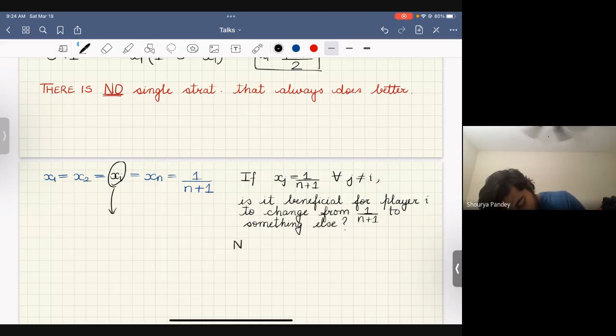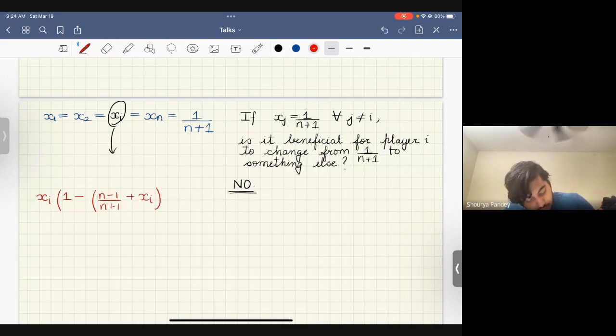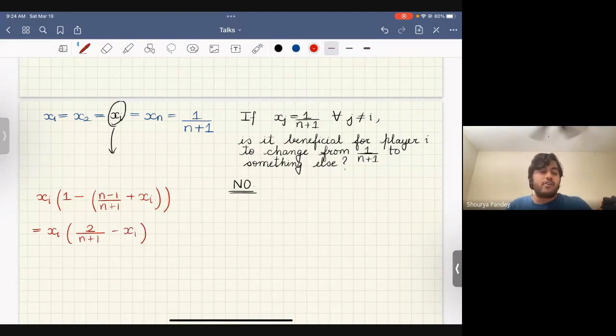The answer is no. And we can figure that out simply because of the sum of the other variables. The benefit would be xi times 1 minus n minus 1 over n plus 1 minus xi, which is equal to xi times 2 upon n plus 1 minus xi, and this is maximized at 1 over n plus 1.